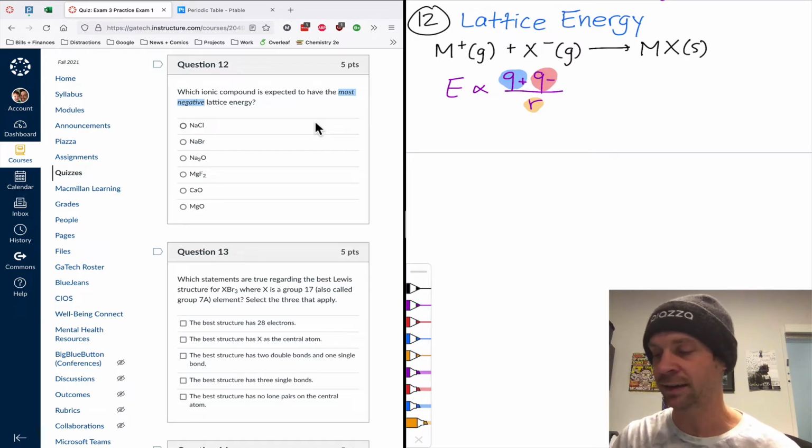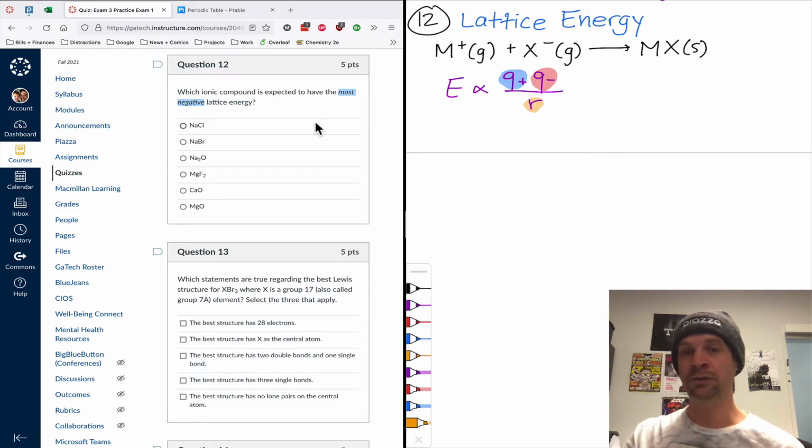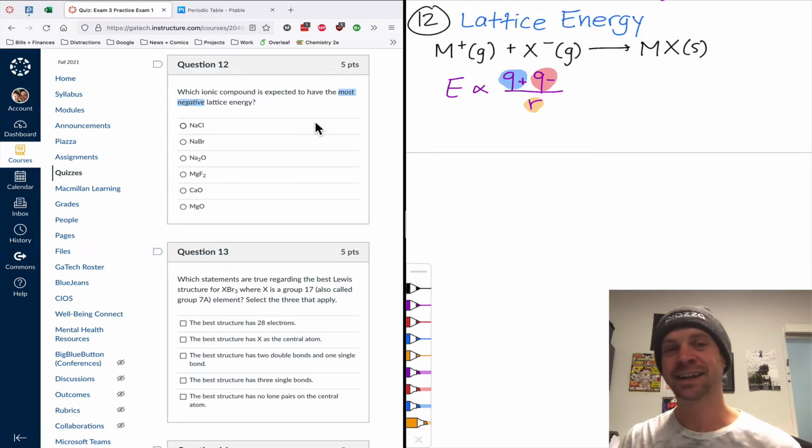As R gets smaller, this ratio gets larger in magnitude, but the numerator is negative, so the number gets more negative, right? This is just a quantitative explanation of what's going on here, but the intuition is important. Smaller ions and higher charge are associated with high lattice energy.